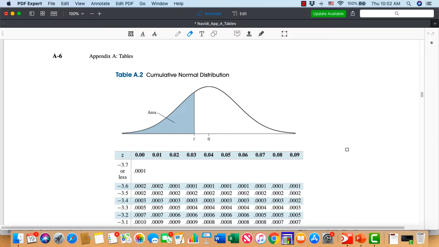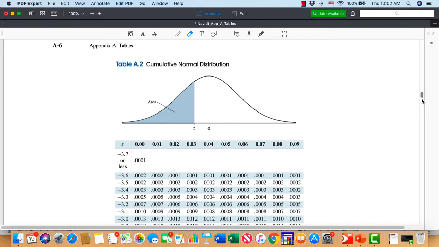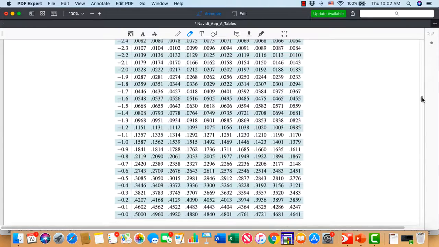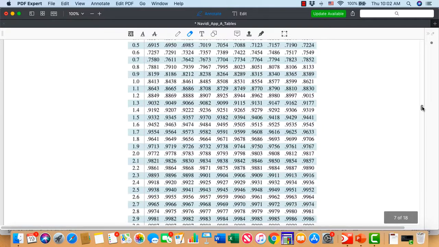In this table, we're looking for the area that's closest to 0.98. My apologies. Okay, so if we do a quick scan, we should find that, right here. Let me just indicate that.